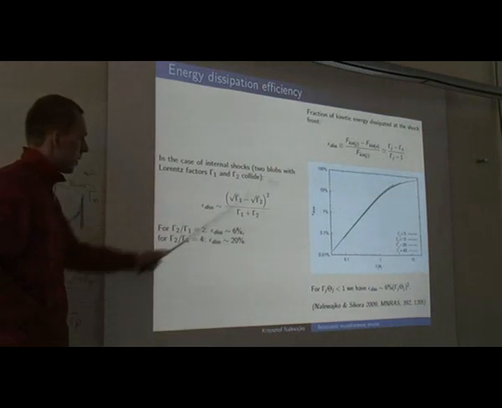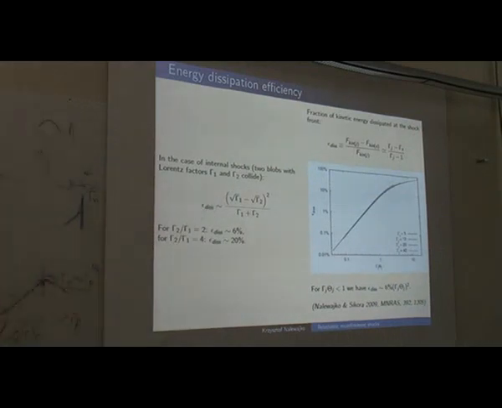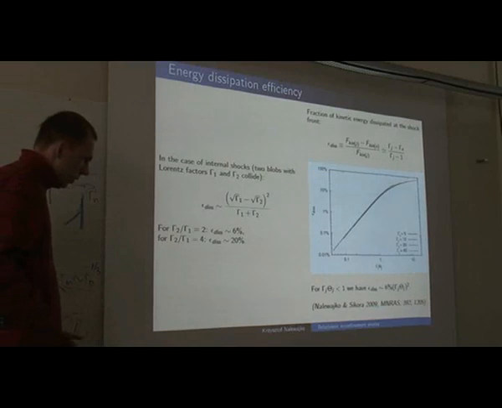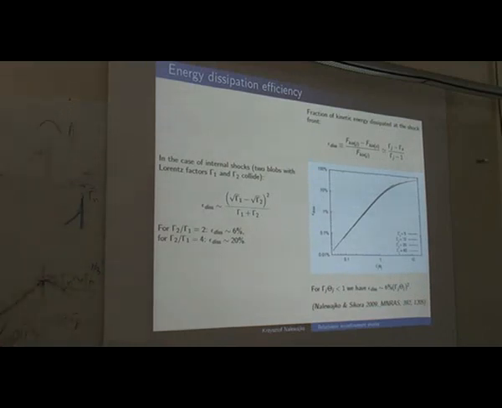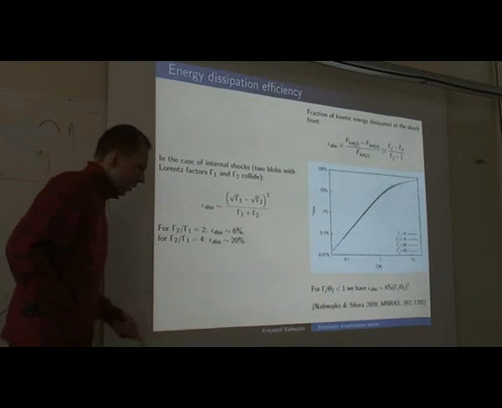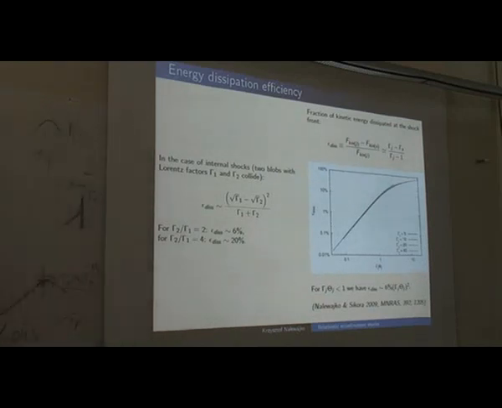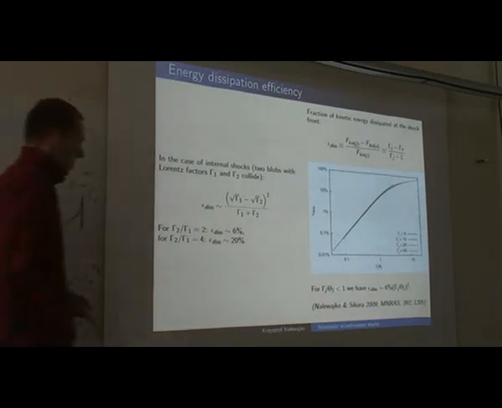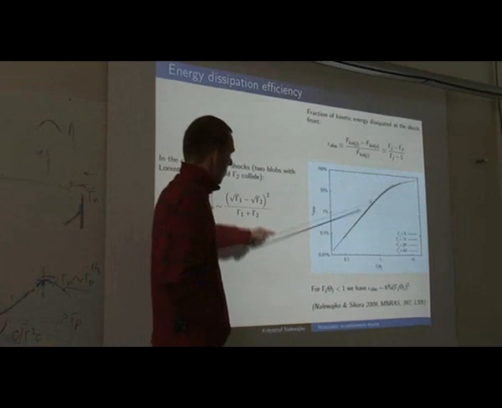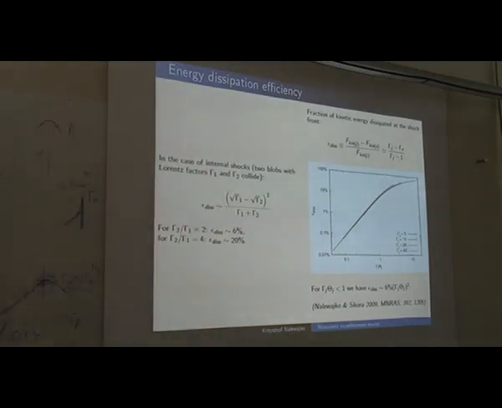In both cases, this efficiency could be much lower if we take into account that internal energy or magnetic field can make the shocks weaker, and so the dissipation would be less efficient.